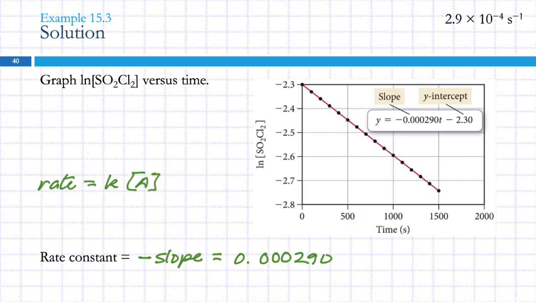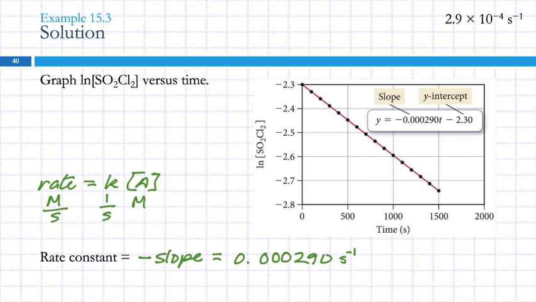Yeah, it will be, because the rate needs to be molarity per second, and because this is molarity, then this must be 1 over second. So the unit here is s to the minus 1. Okay? Any questions? Here is the answer written in scientific notation.